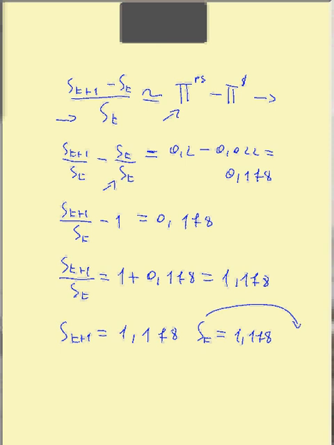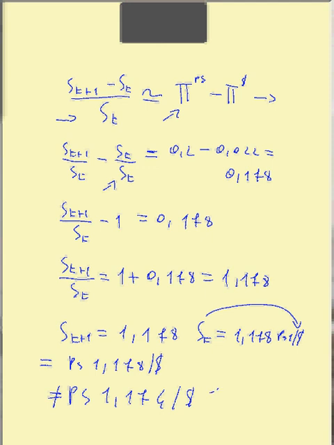The old exchange rate was pesos 1 for each dollar, so yes, it is correct. So the final exchange rate is equal to pesos 1.178 for each dollar. So we have a slight difference with respect to the correct final exchange rate, which was pesos 1.174 for each dollar. But we can approximate also by using this formula.